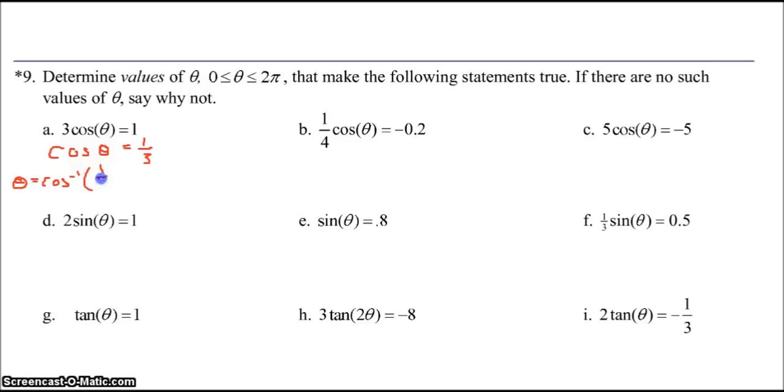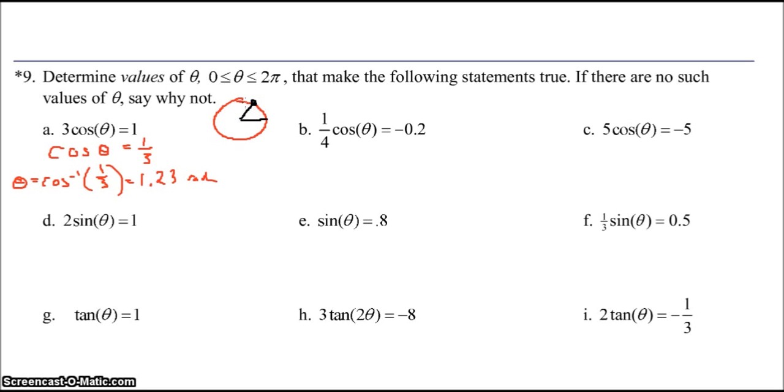And we get 2.5 radians. And that just means that, well, if we go 2.5 radians, like over here, we have one solution.